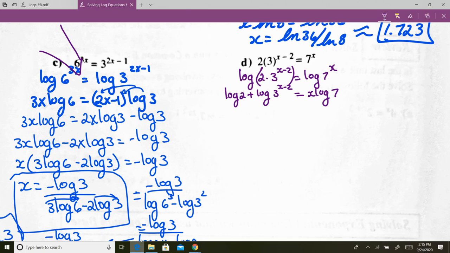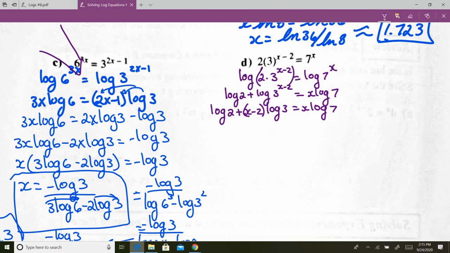I can drop the exponent x minus 2, right? So log 2 plus x minus 2, bracketed, times log 3 is equal to x log 7.